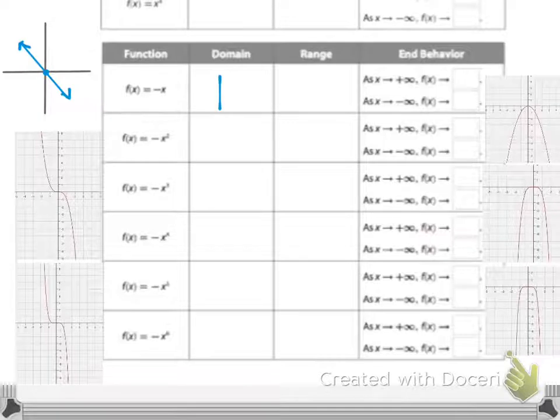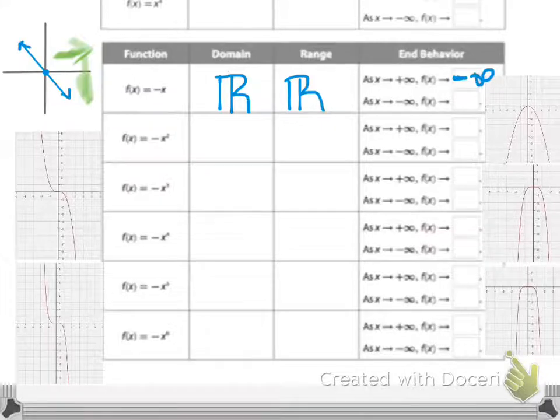So our domain is still all real numbers. But this time our end behavior goes the opposite way. As I'm going towards positive infinity for the x, the graph's going down. So that means I'm going towards negative infinity as I'm going to the right. And as I'm going to the left, it's going towards positive infinity. Of course, that reflection basically caused the ends of the graph to go in opposite directions.